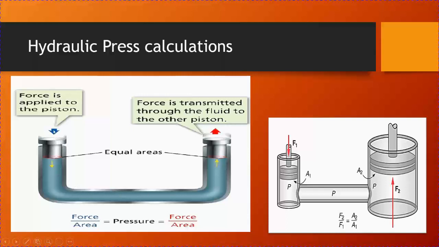So if we're trying to work out what the forces are on each side, we don't need to take the pressure into account because the pressure is equal on both sides. So we can work it out by saying force over area must be equal to force over area. Over here we can see the force coming out will be double. Why? Because the area is double.